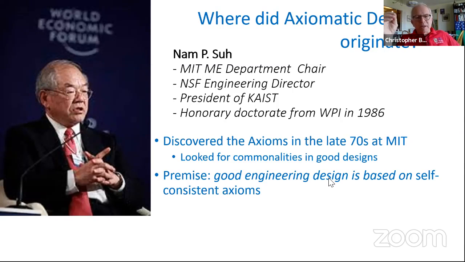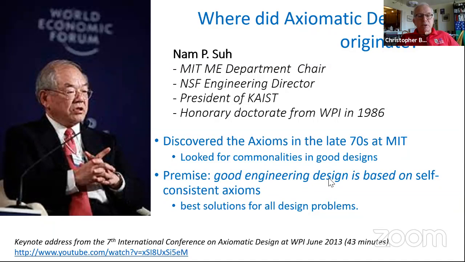And the premise is that there should be, or there might be, self-consistent axioms that we should be looking for, and that they will lead us to the best solutions for all design problems. We had the International Conference on Axiomatic Design here at WPI 7 years ago, and he gave a keynote at that.